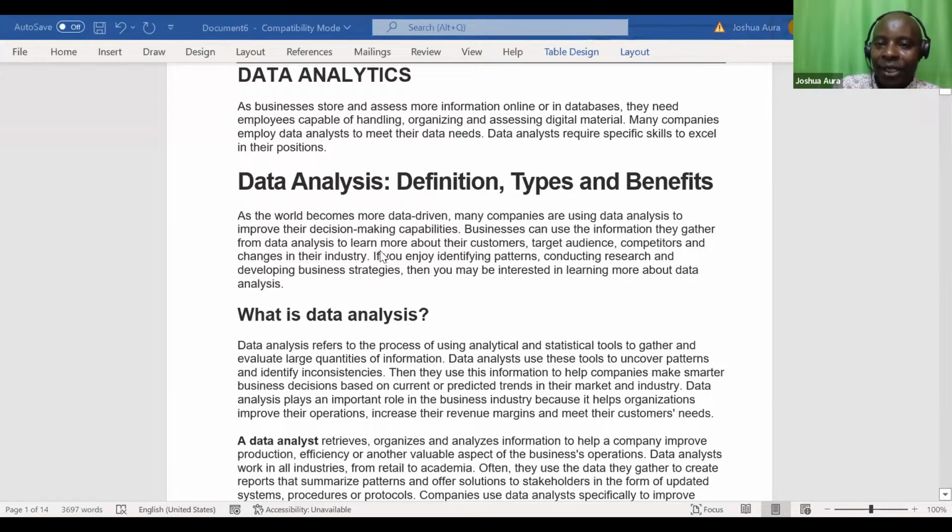So, ladies and gentlemen, the most important thing that you're supposed to first of all appreciate about this concept of data analytics is that we will need, as data analysts, to collect data and organize this data very well. After organizing it very well, of course, we have to evaluate. There is a concept of evaluation.